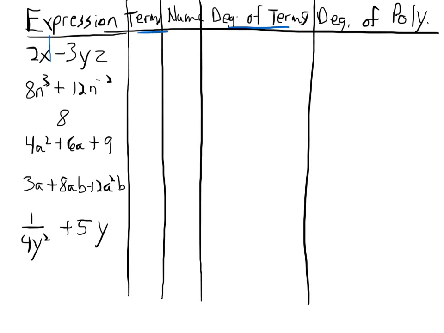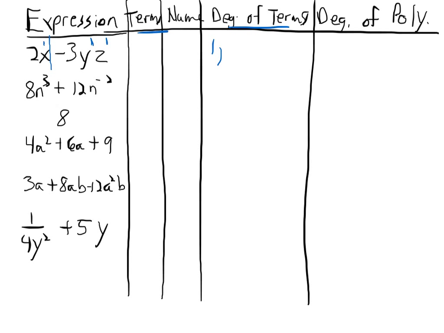If we look at each of these terms, and we said that there were 2 terms in part 1 of the video, okay, what's the degree of this 2x term? Well, we only take the exponents on the variables. So the only one here is a hidden 1. So the degree of the first term is just 1. Okay. What's the degree of the second term? Well, you have a hidden 1 on the y, hidden 1 on the z.